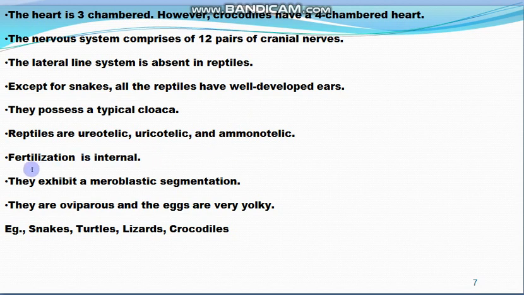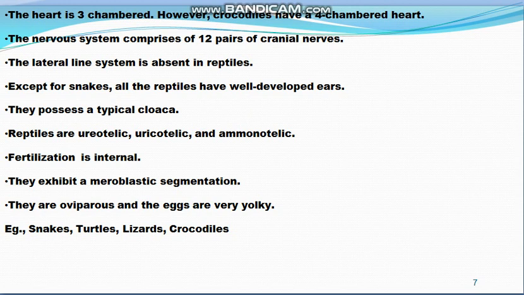Fertilization in the case of reptiles is internal, and they exhibit meroblastic segmentation. So segmentation is also present in the reptiles, and reptiles are oviparous, and the eggs are very yolky. They lay eggs, producing large yolk-filled eggs, and they have a membrane known as the amnion.